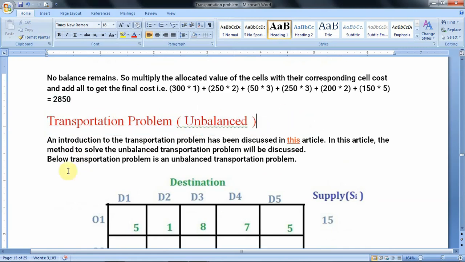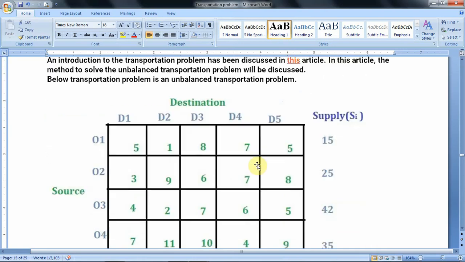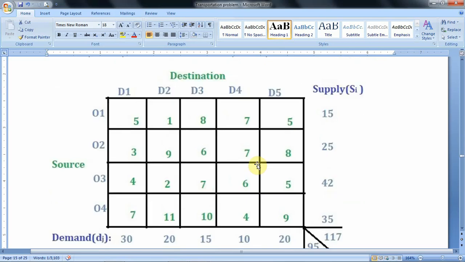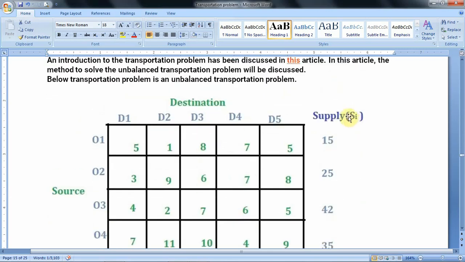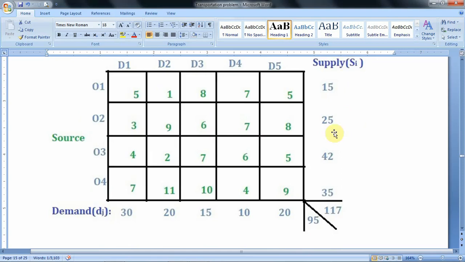Next, now we discuss in transportation the concept that is unbalanced. How can we identify an unbalanced problem? If the total supply and the total demand are different, the given problem is definitely an unbalanced transportation problem. For example, here these are the sources and these are the destinations, here the supply units and here the demand units.